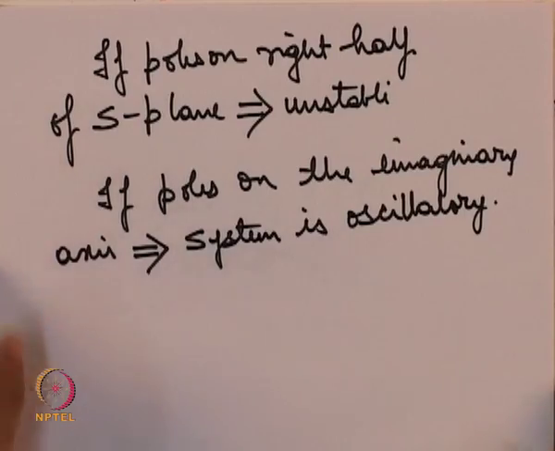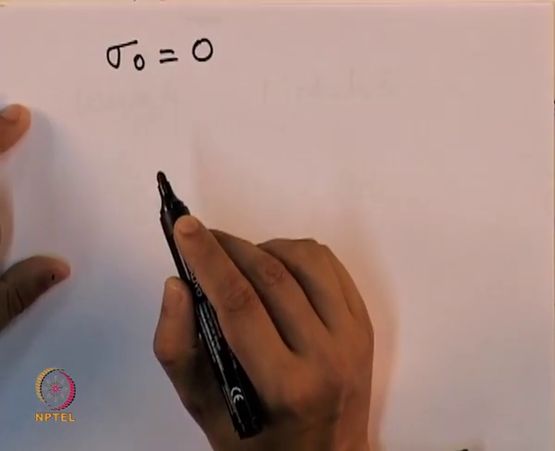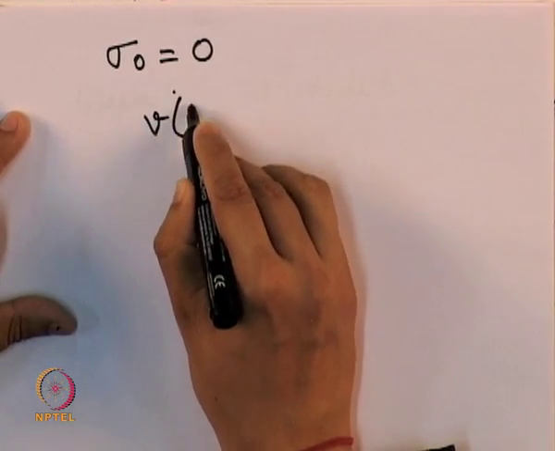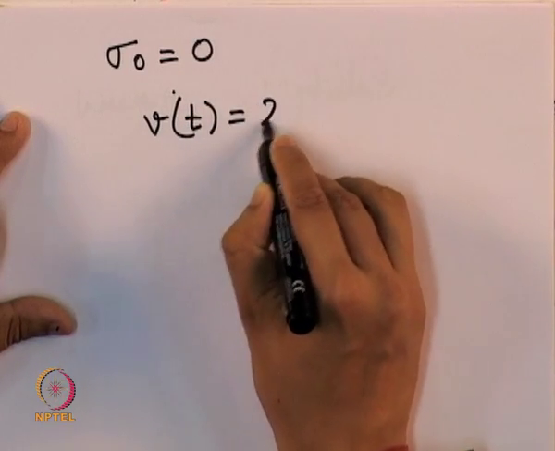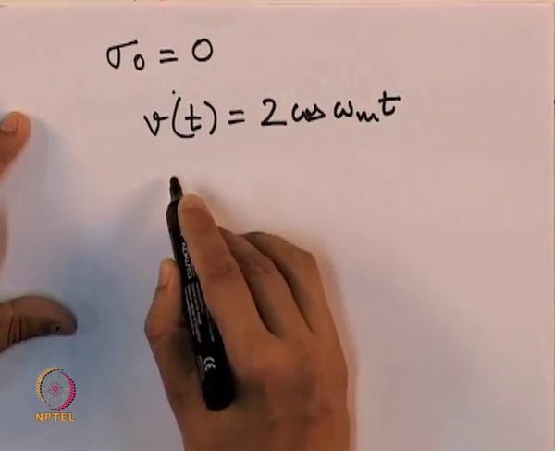So, what do we mean by oscillatory? We saw what happens when sigma 0 is positive and when sigma 0 is negative. Now, suppose your sigma 0 is equal to 0. If that is 0, then our V t will simply be equal to 2 cos of omega m t.